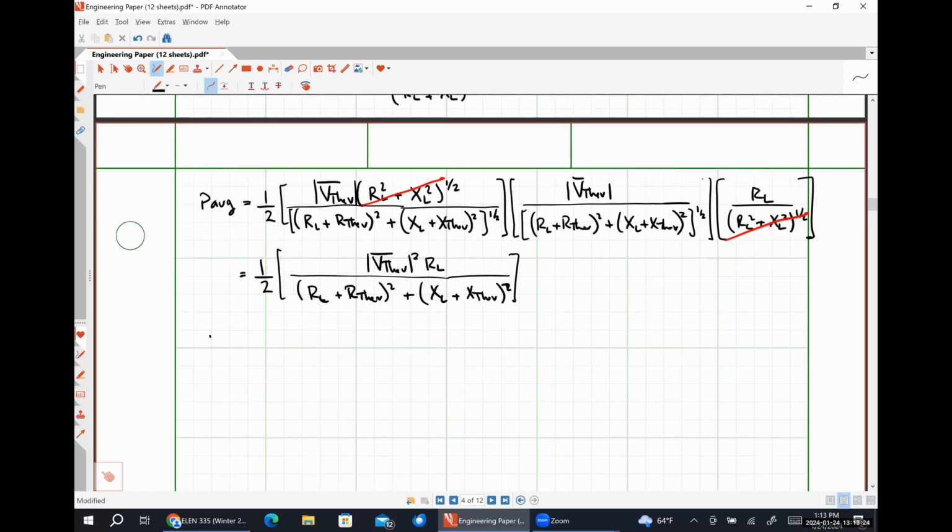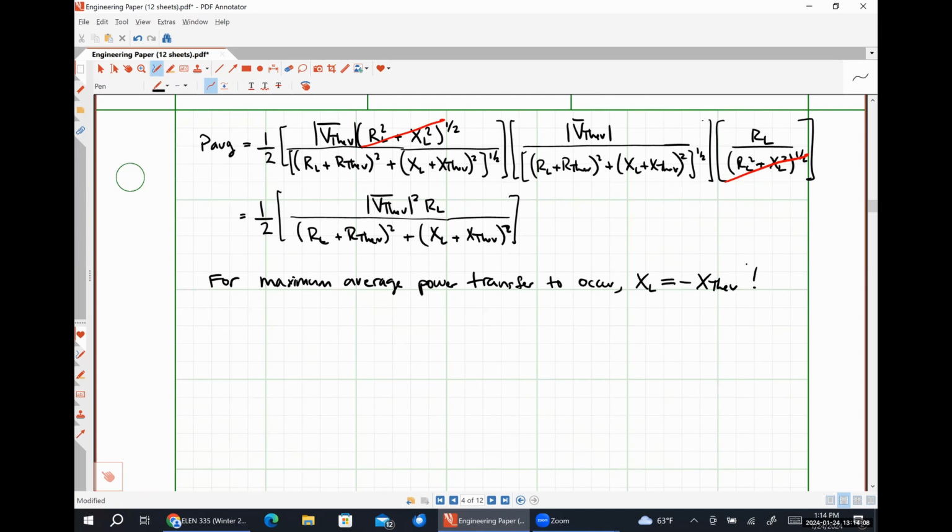So for maximum average power transfer to occur, XL has to equal negative X thev, right? So if our reactances cancel each other out, then by definition, P average will be larger than it was if the reactances were in there. Okay.